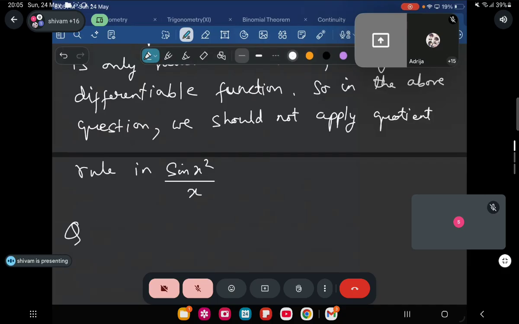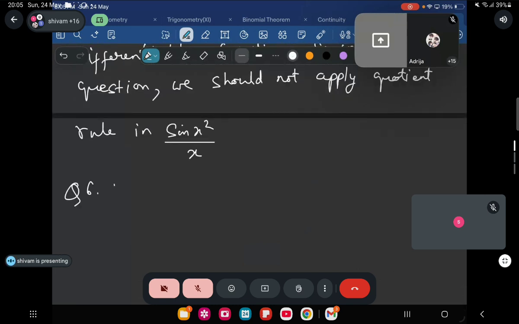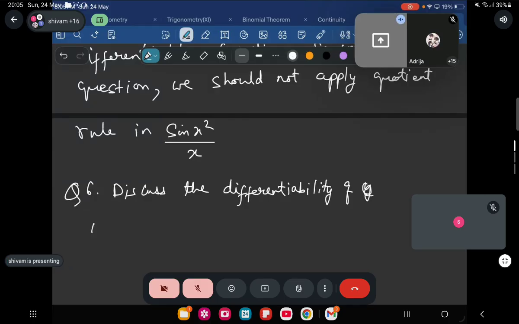Discuss this question number 6. Discuss the differentiability of number 1: y equal to mod sin x.